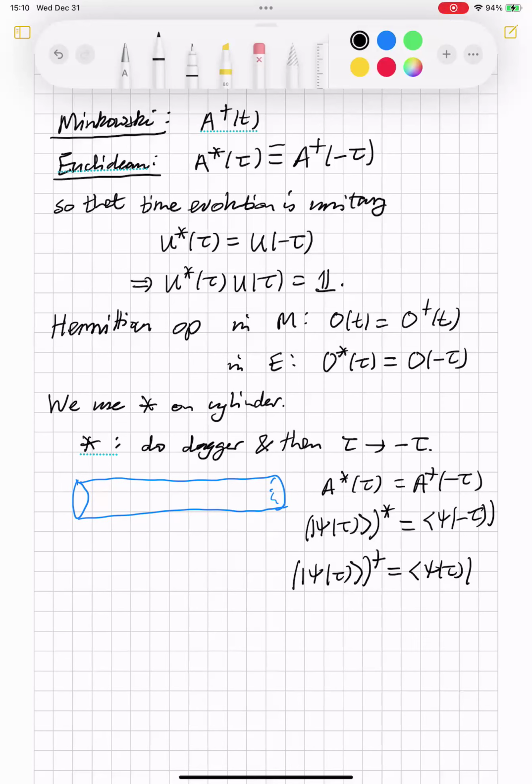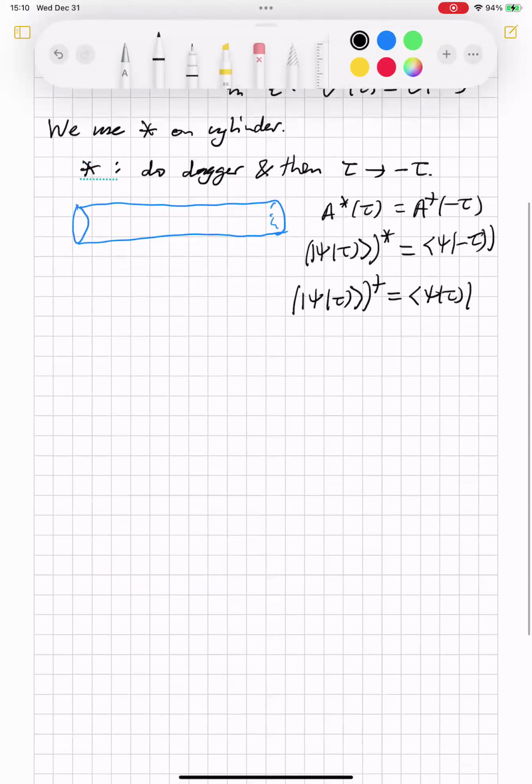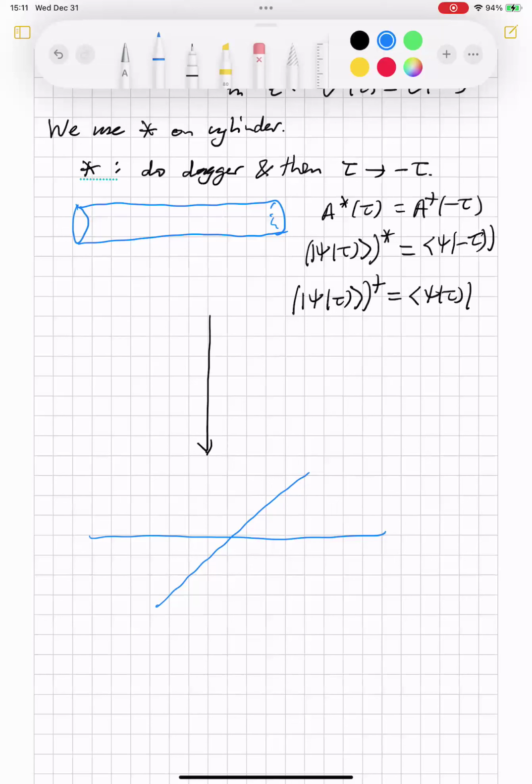Now, what we want to know is, what do we get if we now map to the plane? So we were on the cylinder. Now let's go to the plane. So there is the plane. If we had equal time slices on the cylinder, these would map into equal radius slices on the plane.